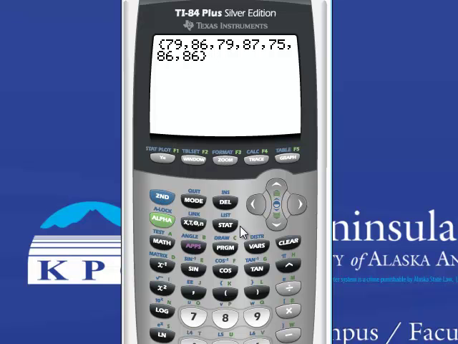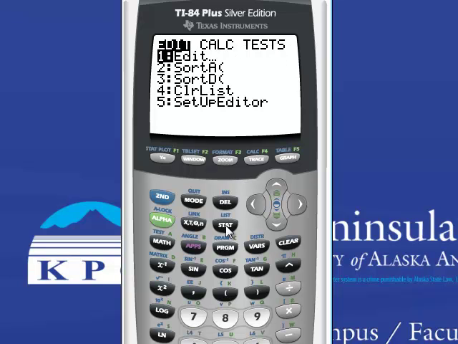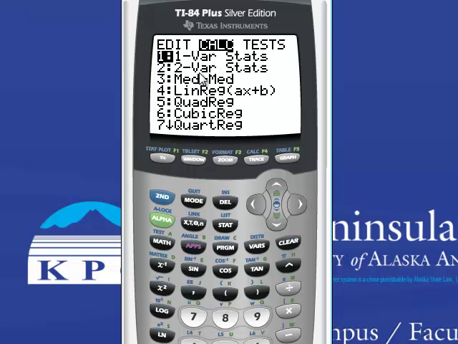So I'm going to hit here, save it. Whoops, before I do that, store. Do that again. Store to L1. There we go, there it is. Hit the stat button, go over to calculate. This is what I need: one variable statistics.